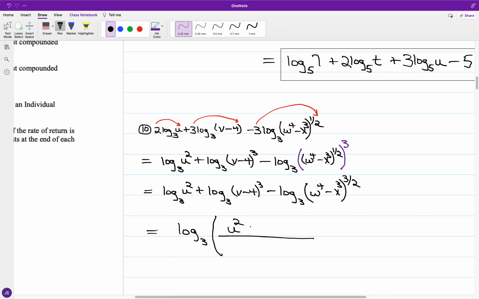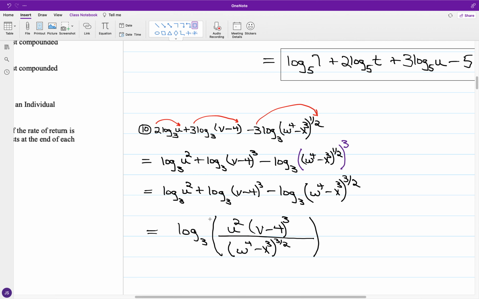Same thing for v minus 4 raised to the third. And with the last term subtracted, the expression in the variables w and x will be on the bottom. And this will be your final result for problem number 10.